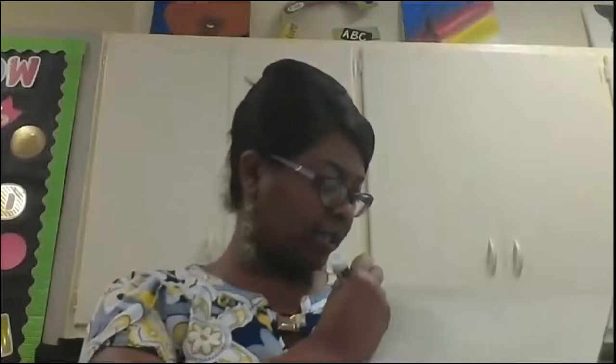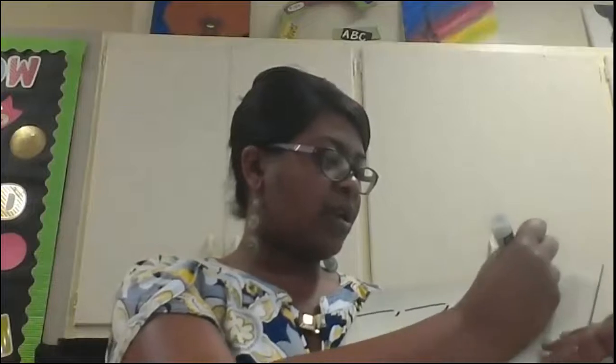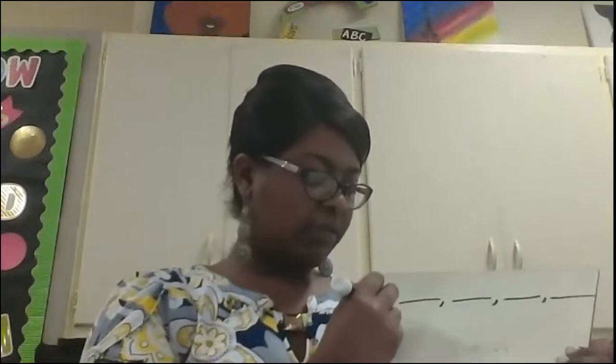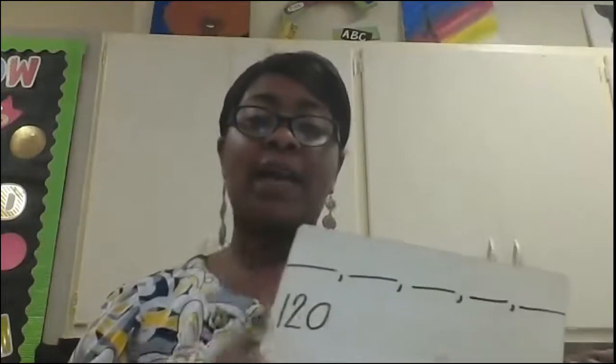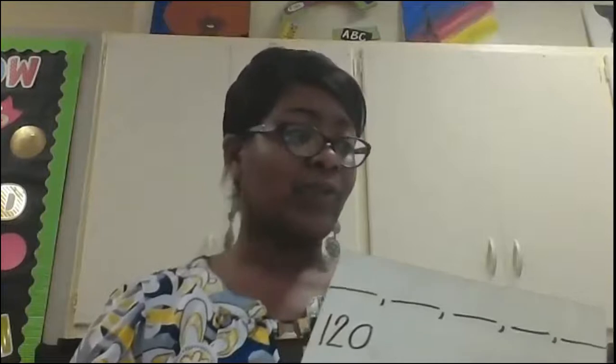Now let's look at number 14 and 15. Those are our hot problems. Okay, so it's a little tricky. I have 5 spaces, 1, 2, 3, 4, 5, and then I have the number 120. So I already know that I'm going to end at 120, but I've got to figure out the numbers that are missing before I got to 120.